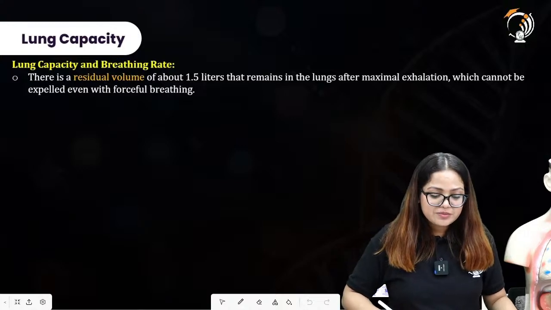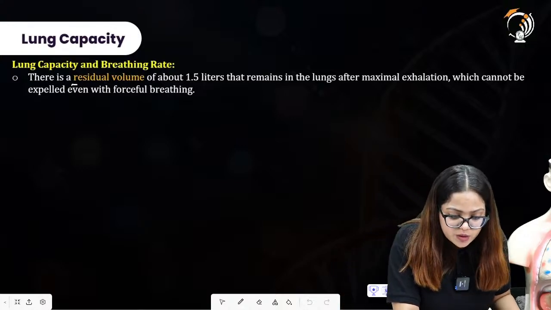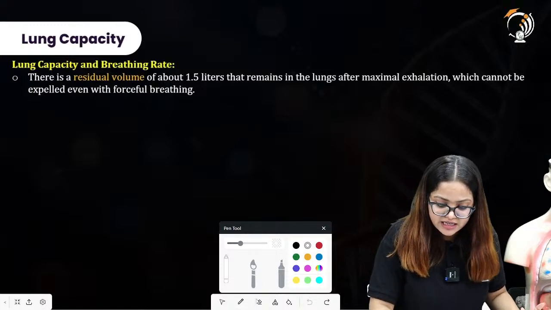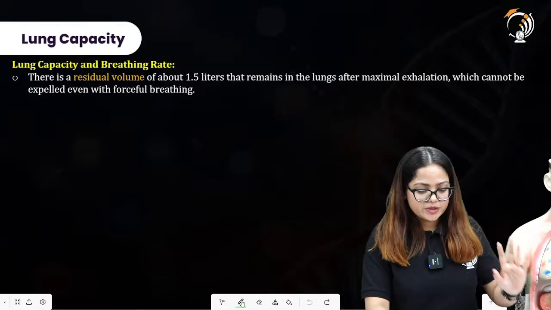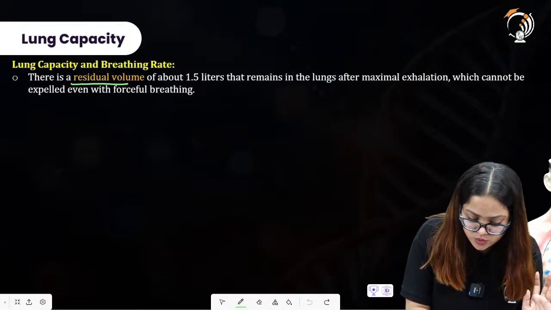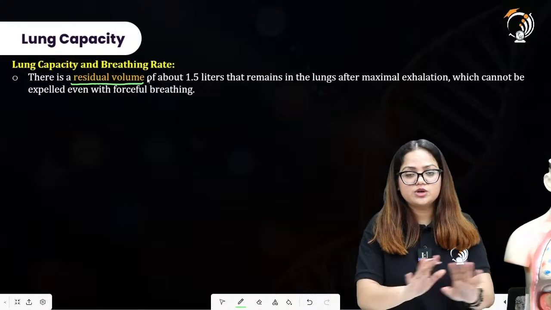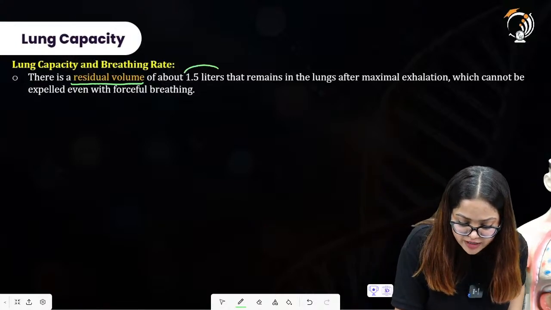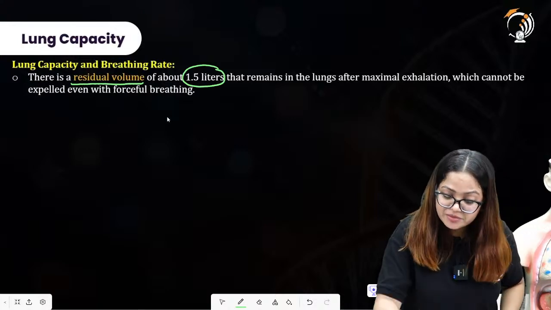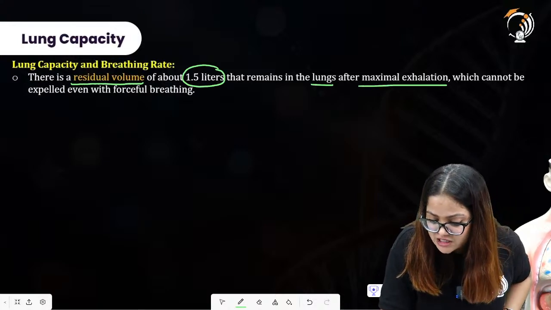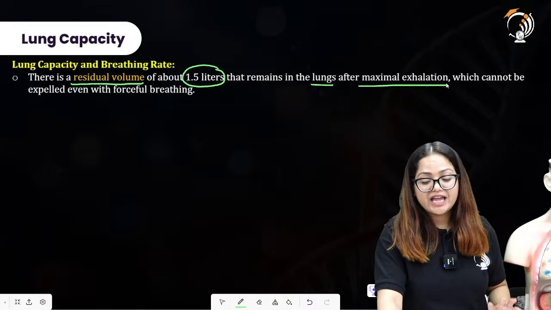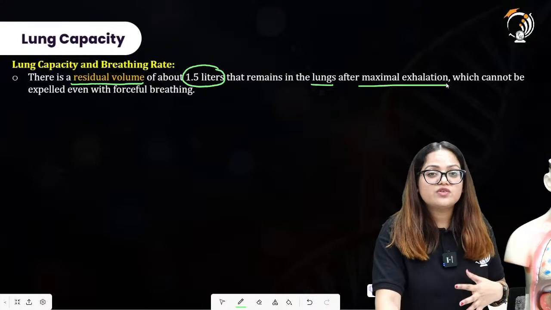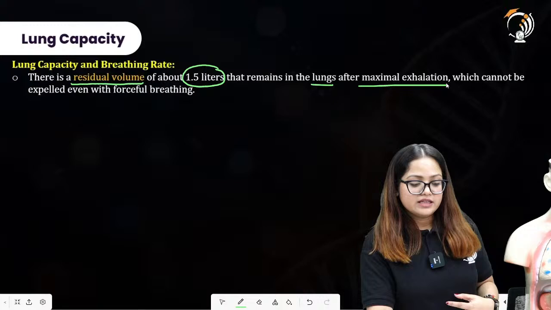Lung capacity and breathing rate. There is a residual volume. What do we mean by the term residual? It is actually present, but it is of no use, just residing there. There is a residual volume of about 1.5 liters that remains in the lungs after maximum exhalation. We have maximally exhaled and we still have some amount of air inside our lungs.